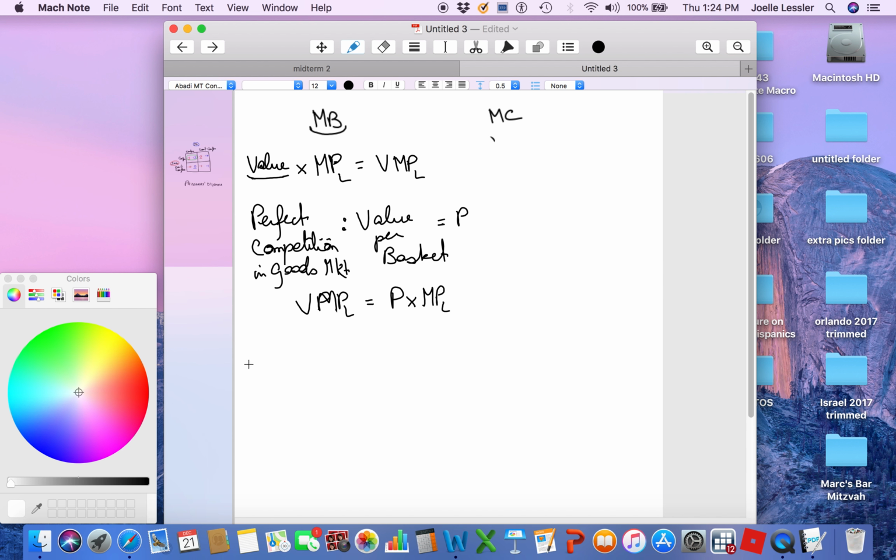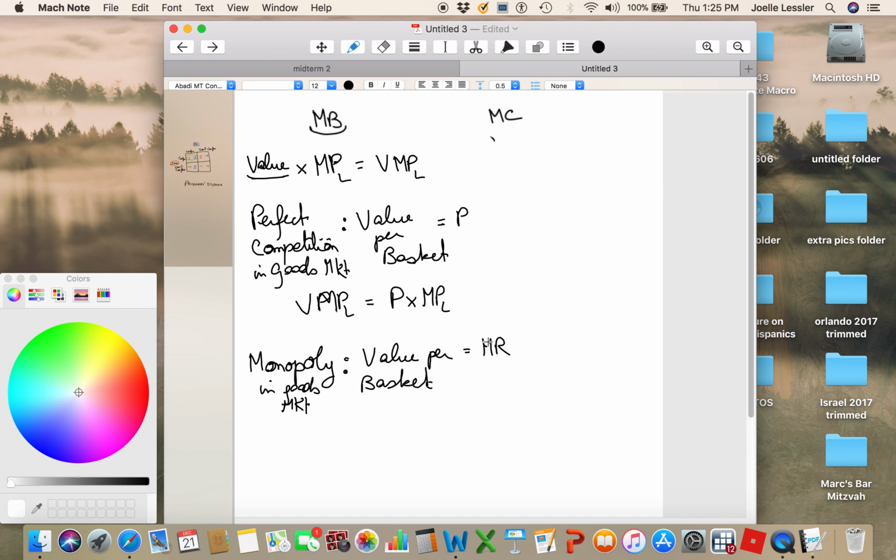Alternatively, if the market for baskets is a monopoly, so if I'm the only one selling baskets, for every additional basket I sell, how much do I get for it? I get the marginal revenue. That's the benefit I get per basket.